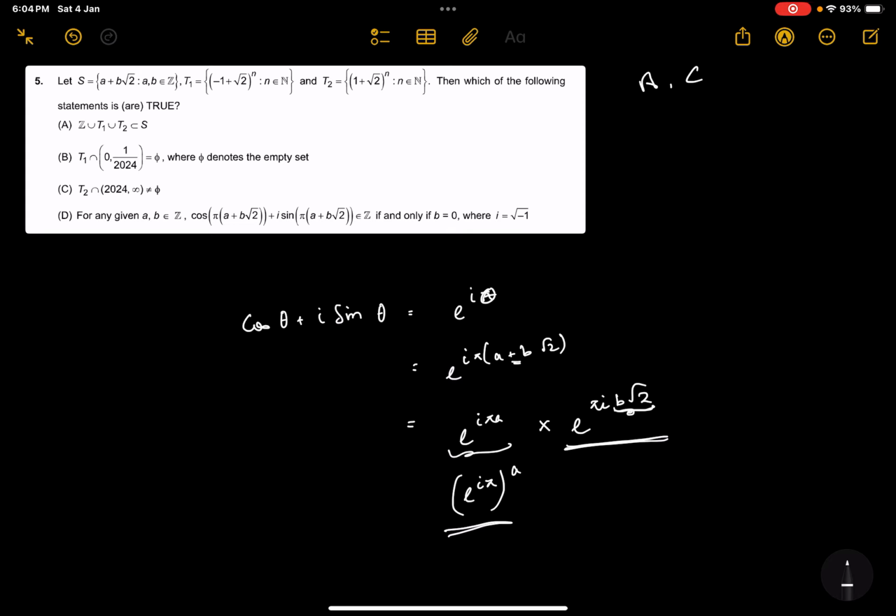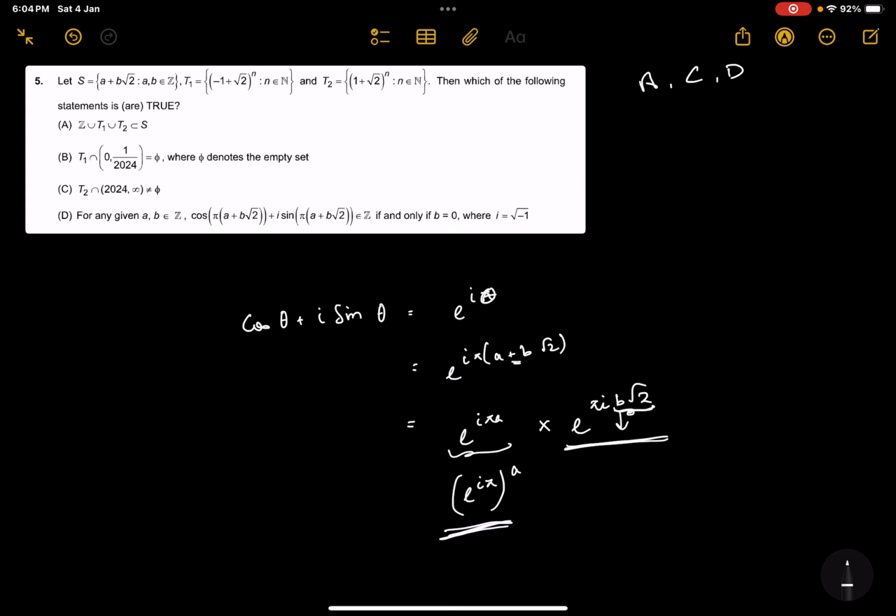It cannot be an integer. So this is possible only if b is 0. So one direction is true and the other is straightforward. If b is equal to 0, then cos a pi plus iota sine a pi is e to the power of pi iota a, which is either plus or minus 1 depending on a. So option D is also correct.